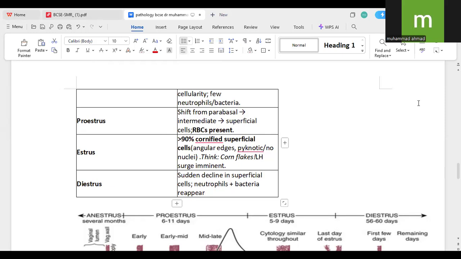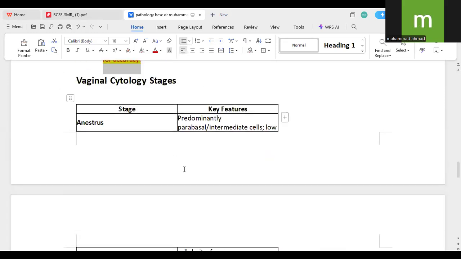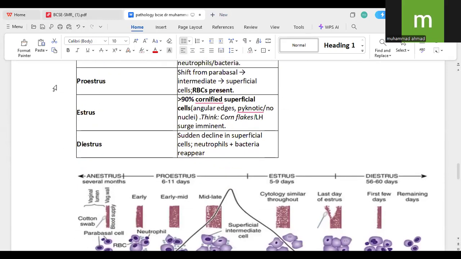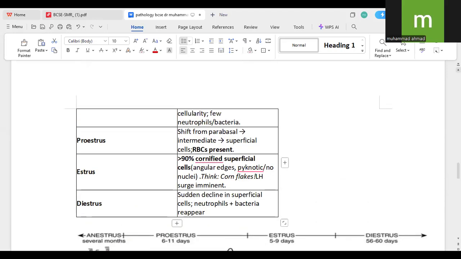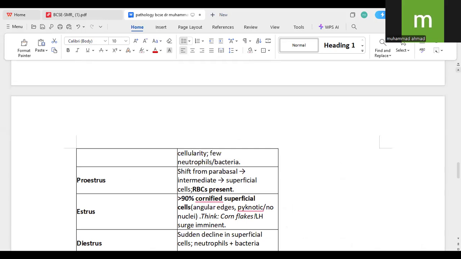In proestrus there are few superficial cells, and in anestrus the least superficial cells. So proestrus shifts from parabasal to intermediate and superficial cells, RBCs present. In estrus, more than 90% cornified superficial cells are present, and in diestrus there is a sudden decline in superficial cells, with neutrophils and bacteria reappearing. Okay, you should know the type of cells in each stage.